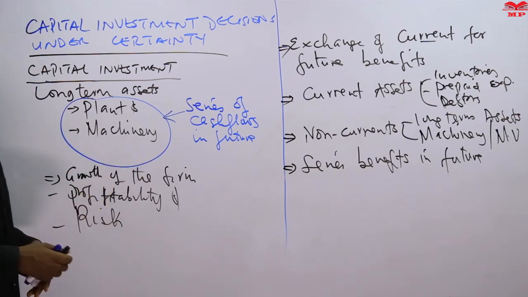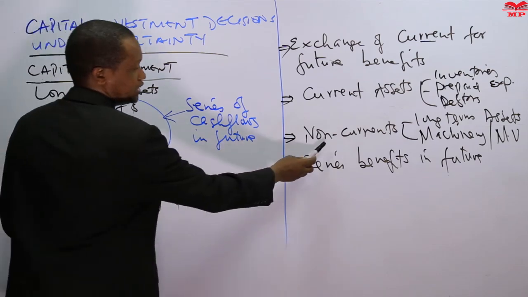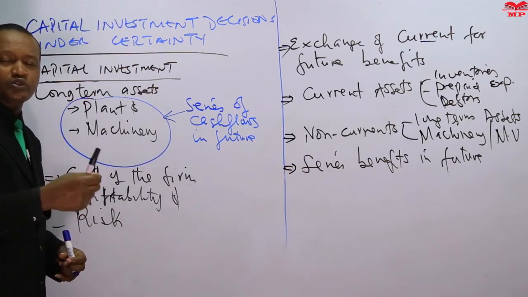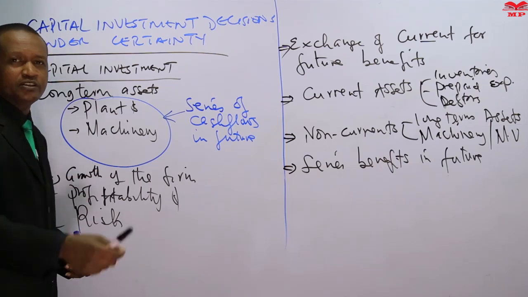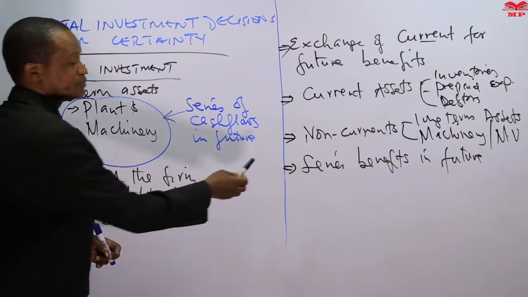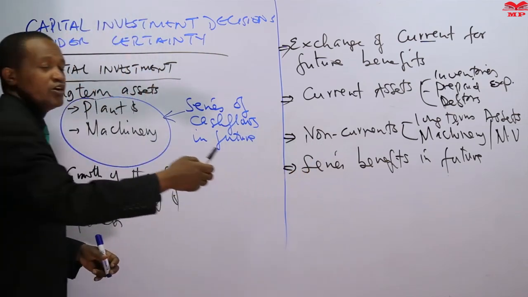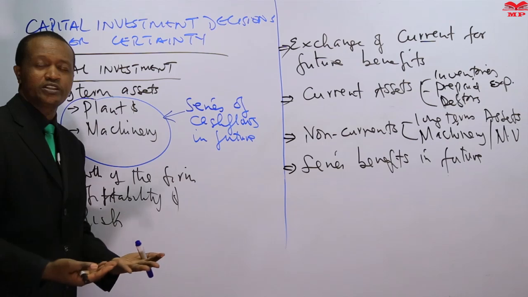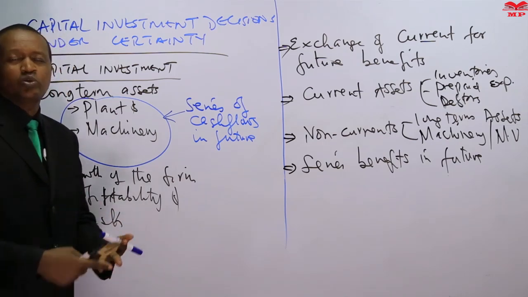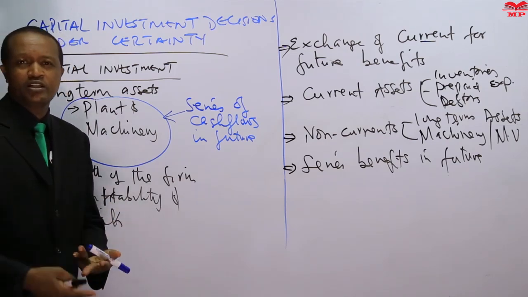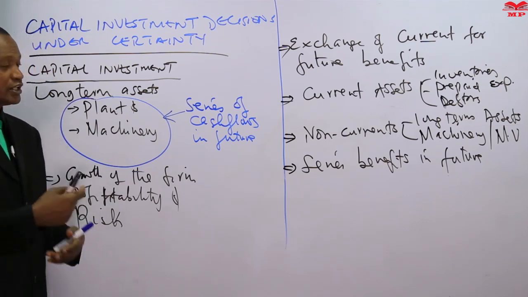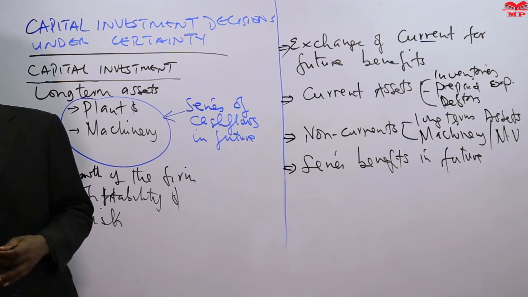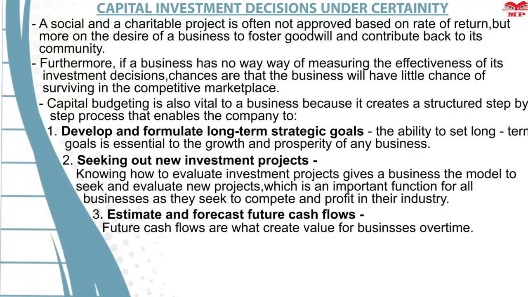If it is a van, I gave an example here of a delivery van, what are the expected cash flows, the expected benefits to be derived from investment in this delivery van over a period of years? Say year 1, after year 1, what is the expected cash flow? Year 2, what is the expected cash flow? Year 3, what is the expected cash flow? So capital budgeting helps in estimating or forecasting future cash flows.